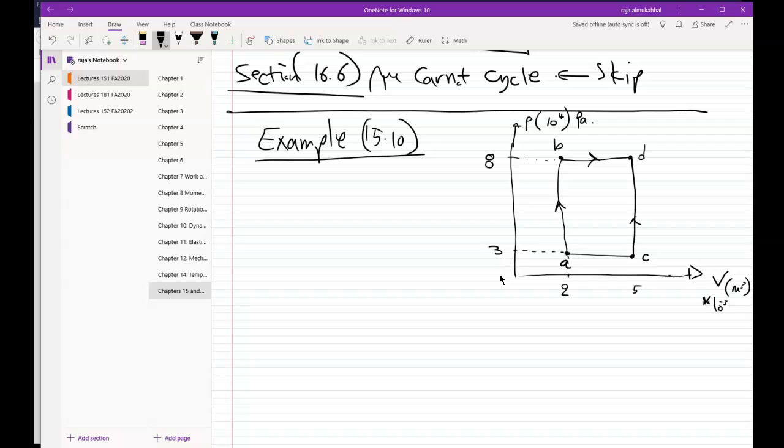So let's write down what's given to us. He says the process AB, I have 150 joule added. Okay, I'm going to keep that added to the system. Okay, and then process BD, 600 joule is added.